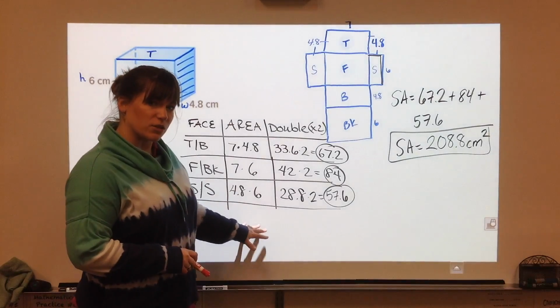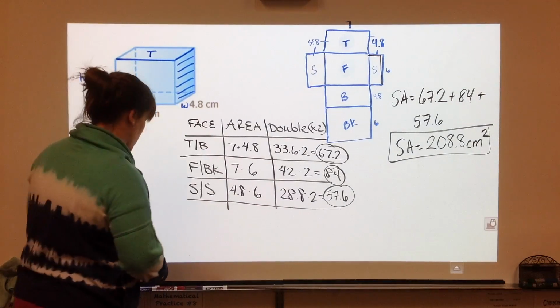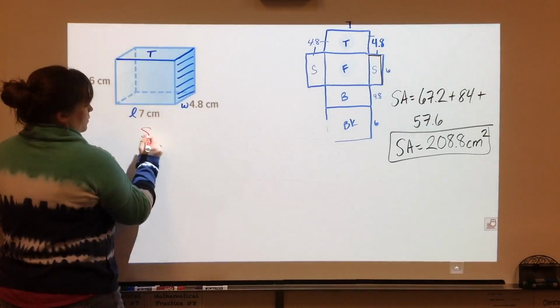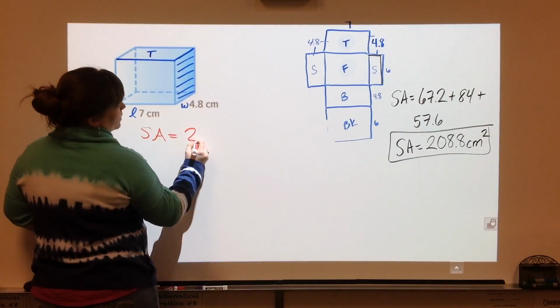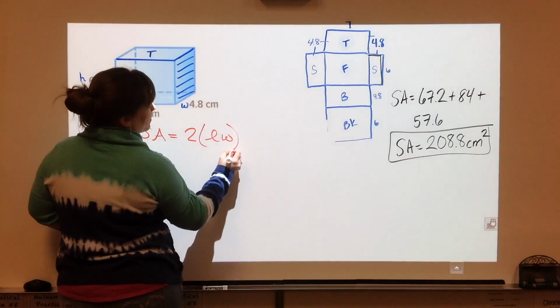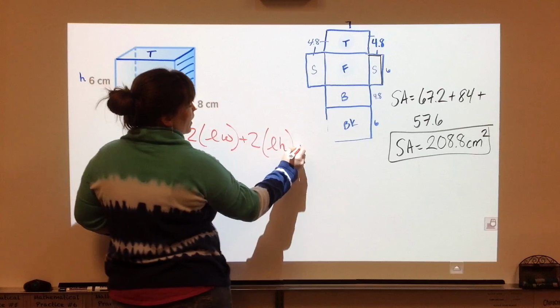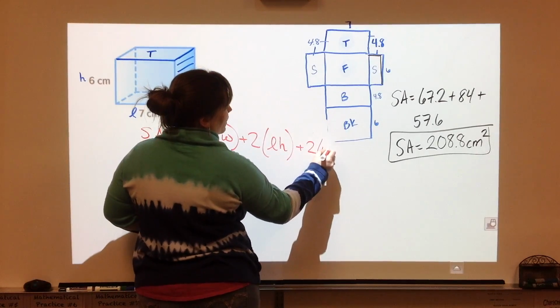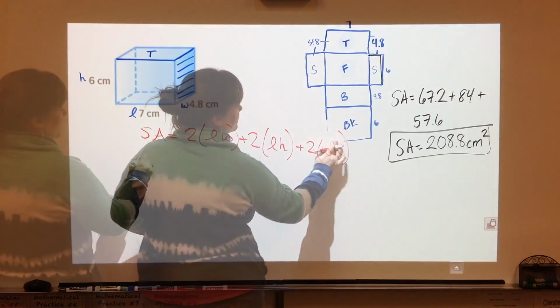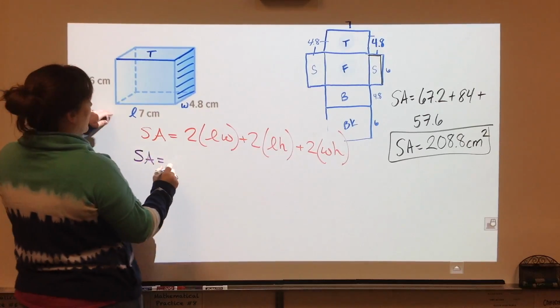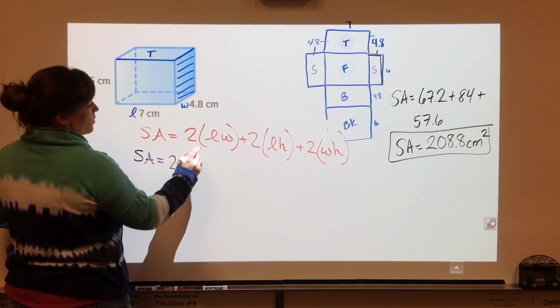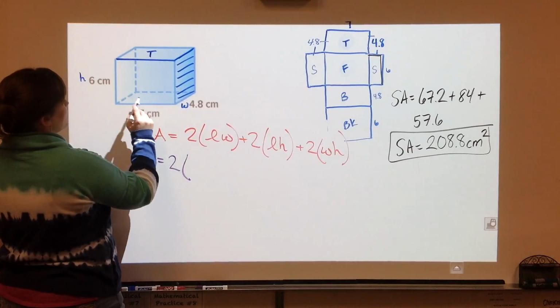I'm going to get rid of this just because of space so that I can show you the formula. So surface area, we're going to double the length and the width. We're going to double the length and the height. And then we're going to double the width and the height. So the surface area, when we pluck and plop those numbers in, we're going to have the length and the width.